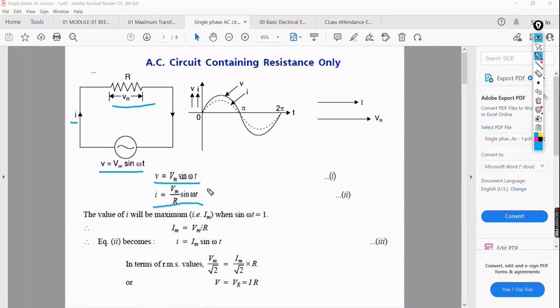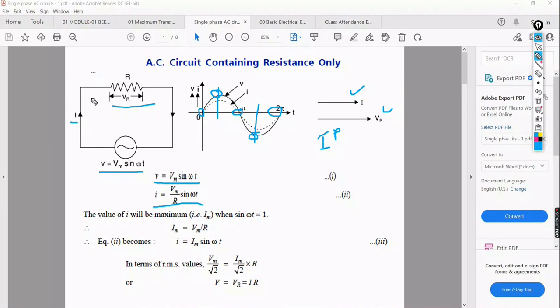It means that the current and voltage both are in phase. It means that minimum values and maximum values occur at the same instant. That is what in phase performance means.